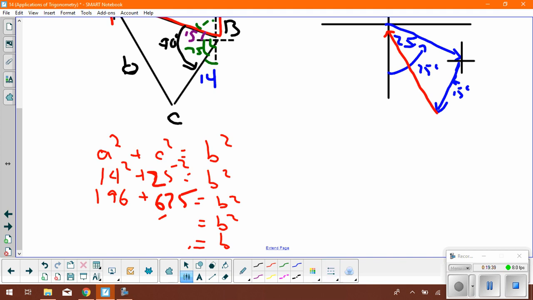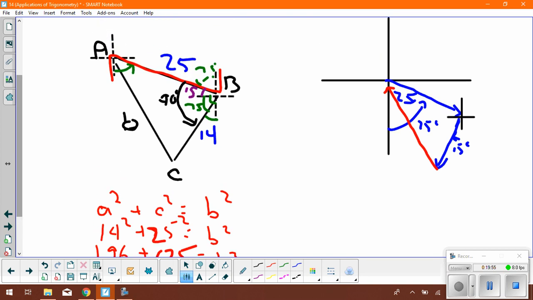So that's 821, and so that is about 28.7. So the distance back to the starting point is 28.7 knots.